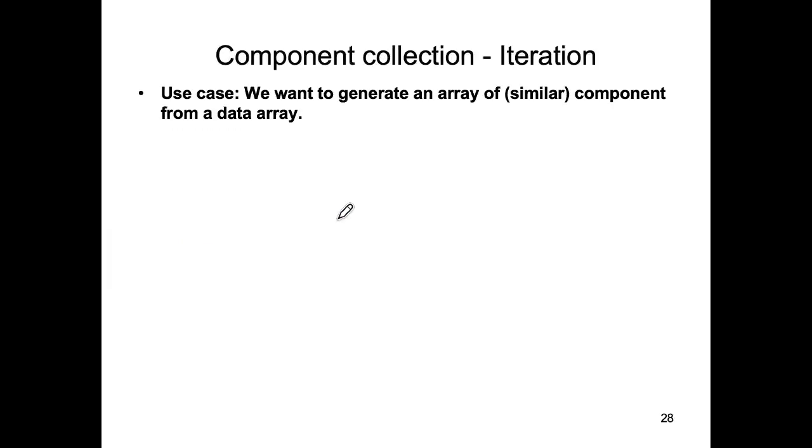So where that leads us on to is a common feature of components, where it wants to generate dynamically an array, either an array of components or an array of JSX elements, where the number of entries in that array of JSX elements is controlled by another array that just contains the data that you want to embed in those JSX elements.